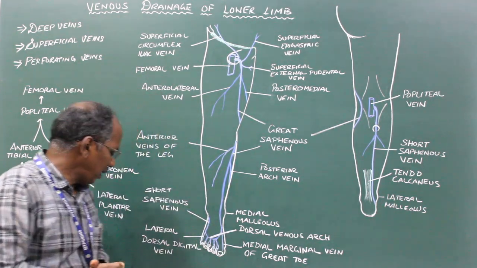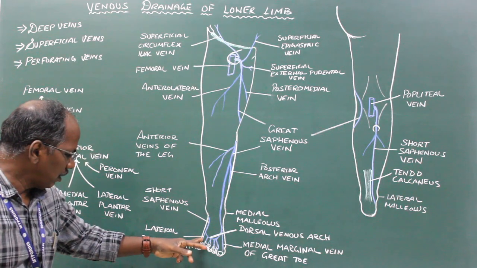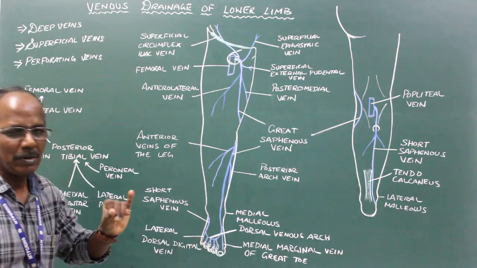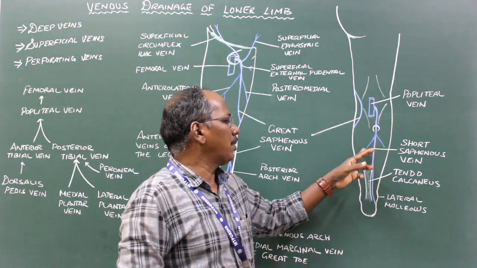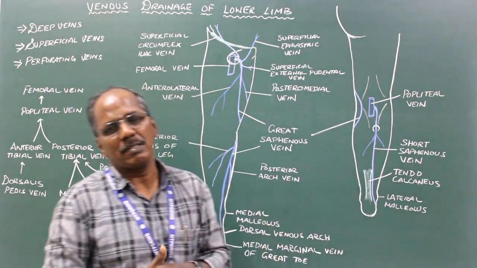Tributaries. Number 1, lateral dorsal digital vein of the little toe in the foot. Number 2, medial and lateral calf veins.